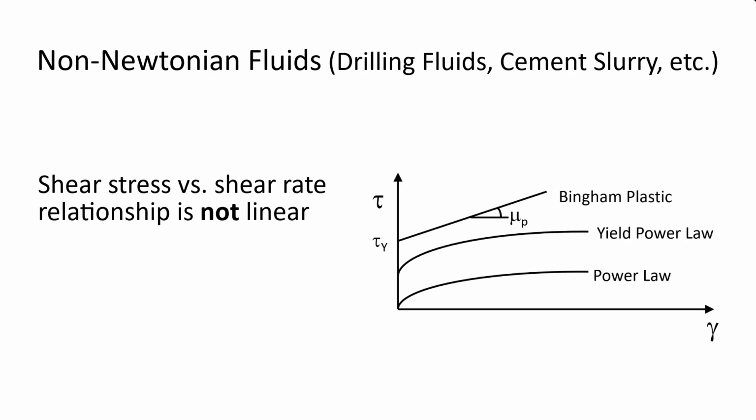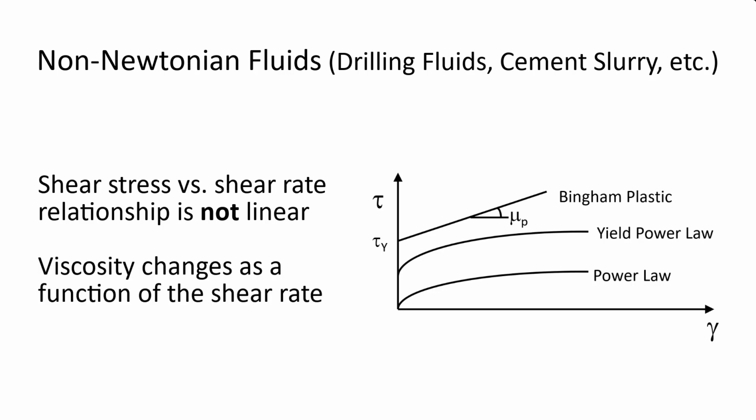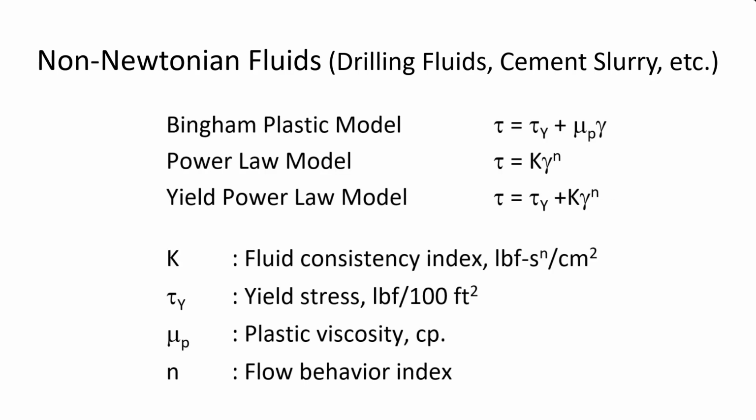The fluid shows non-Newtonian behavior if the shear stress versus shear rate relationship is not linear, where the viscosity changes as a function of the shear rate. The equations for the rheological models commonly used for describing drilling fluid rheological behavior are shown here.